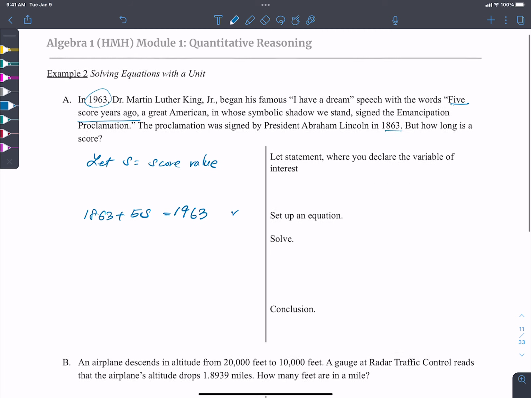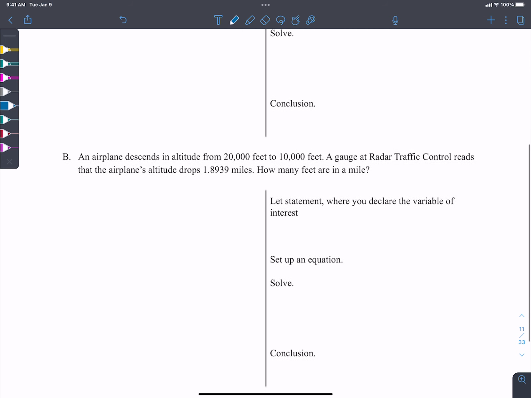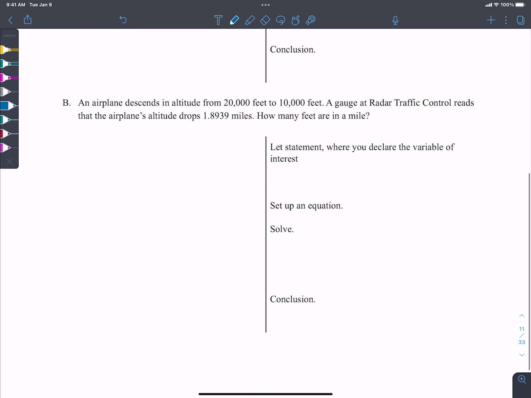Now what I'm going to do is look at question B. So an airplane descends in altitude from 20,000 to 10,000 feet. As soon as I read that, in my mind, I'm thinking, okay, there's 20,000 feet, and he went down to 10,000 feet like this, guys.